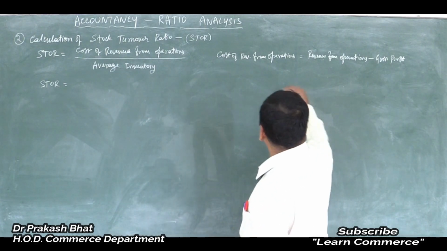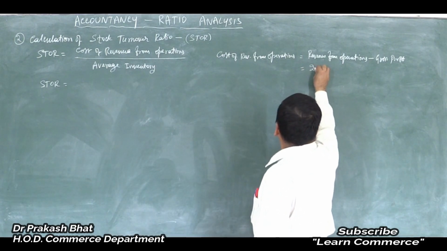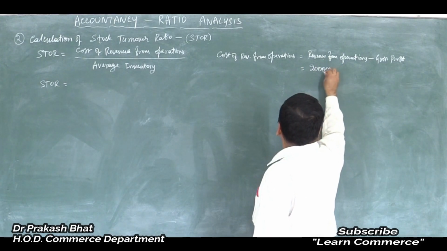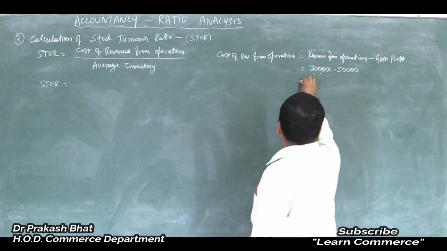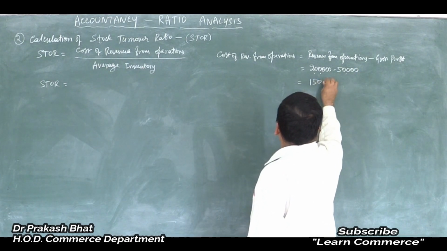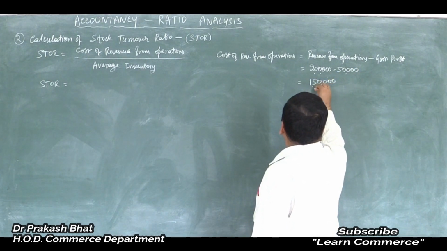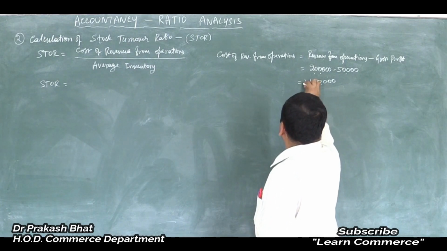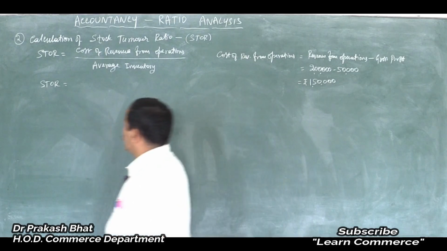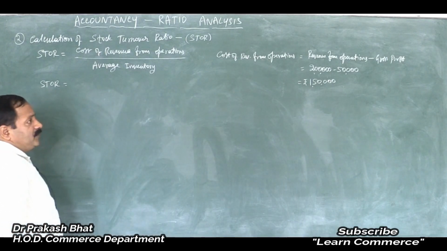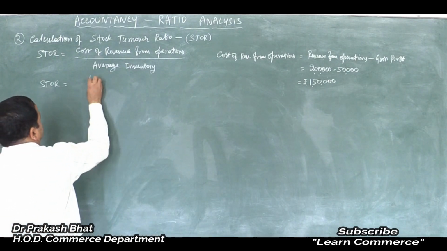Yes. 2 lakh minus 50,000 is equal to 1,50,000, isn't it? So we got cost of revenue from operations here. So cost of revenue from operations is 1,50,000.